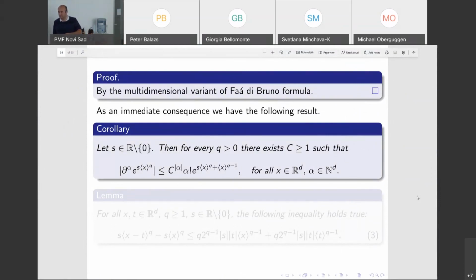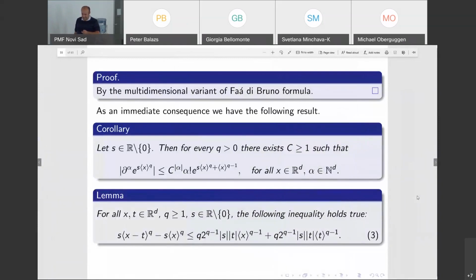I won't prove it because a lot of gory details are involved. Since we don't have the case where q equals 2, we need to use a lot of estimates of this type. And then, after a while, we were able to handle the whole proof.